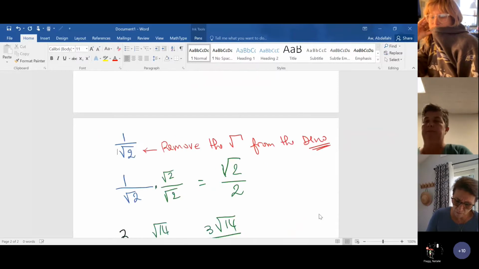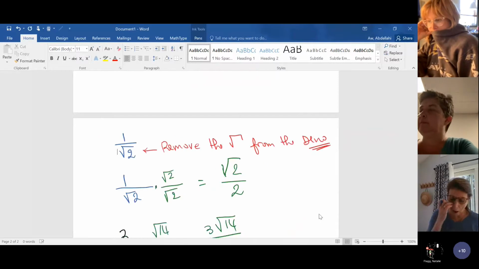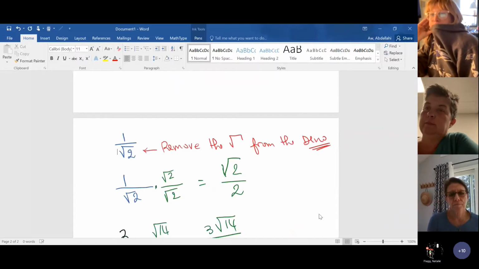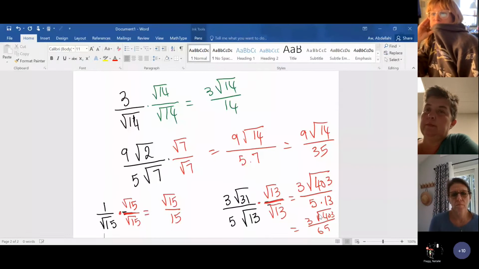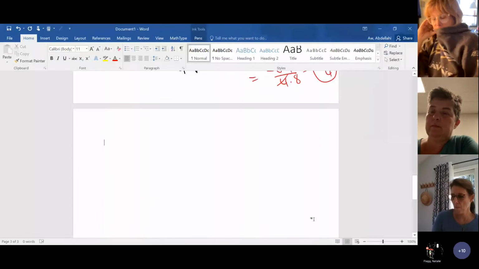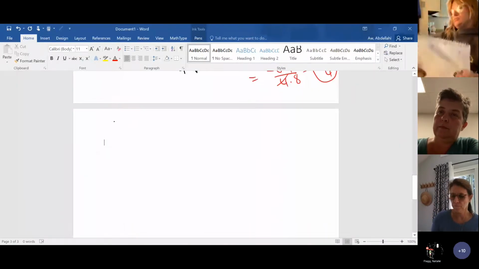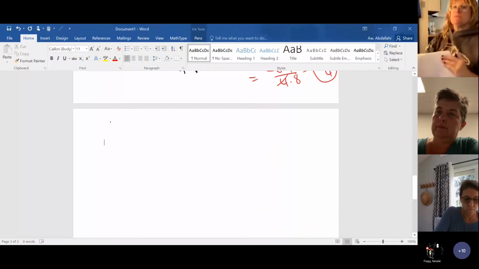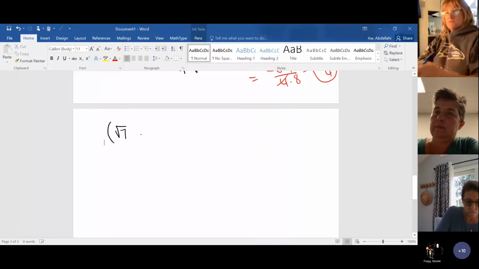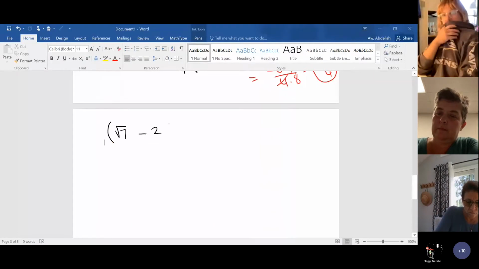You have the second case, which is not very simple. Look, right here. Before we do the second case, can somebody do square root of 7 minus 2 times the square root of 7 plus 2?